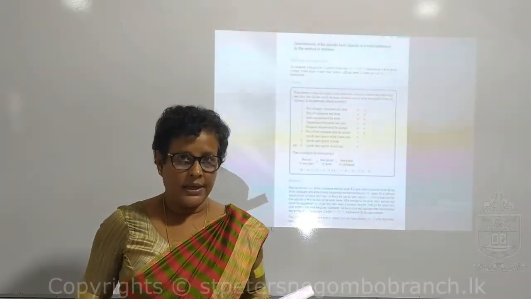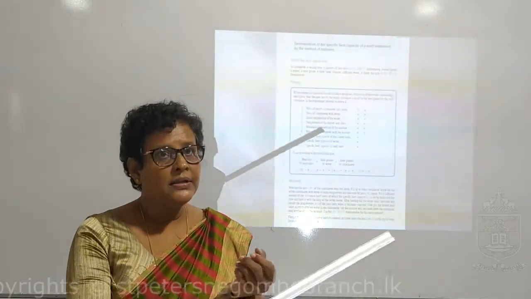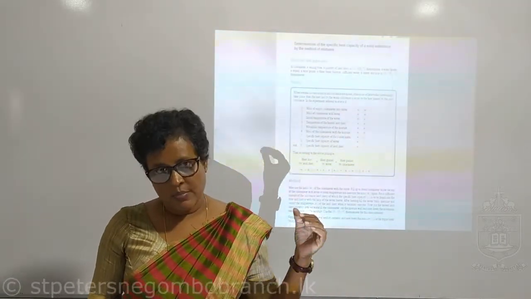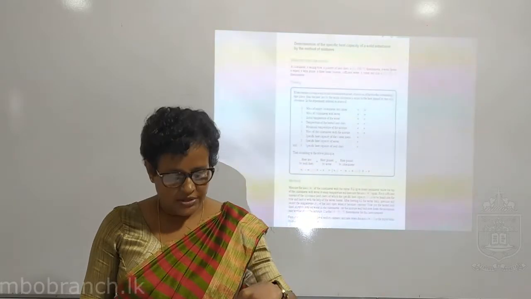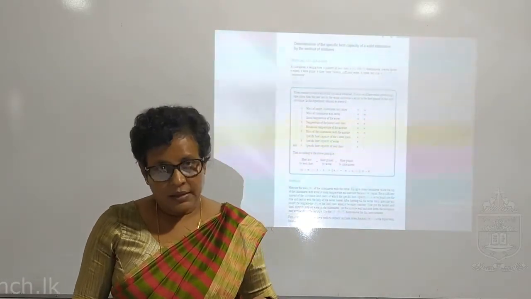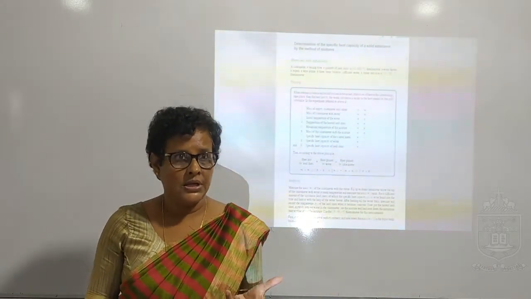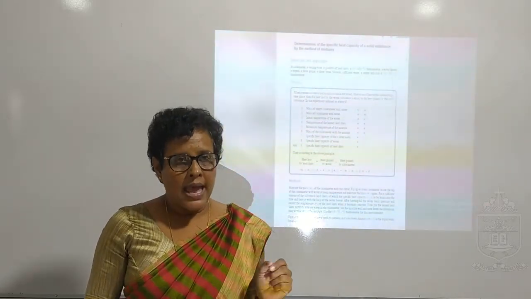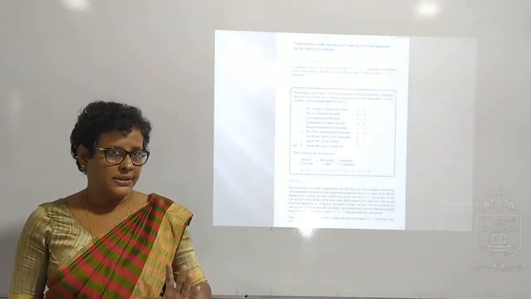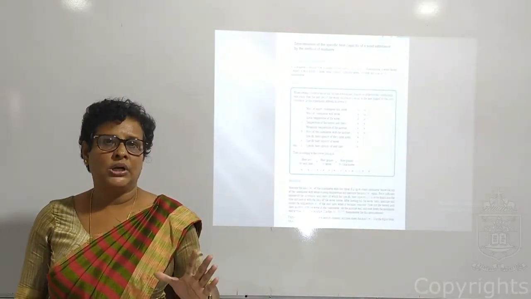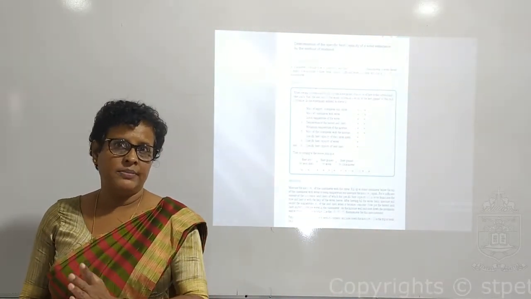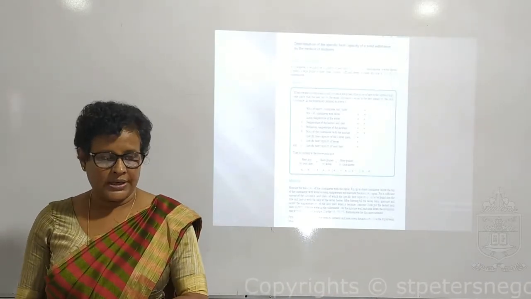Now, here we are heating the lead shots up to 100 degrees, and we are putting all the lead shots into the calorimeter, which contains an amount of water. We take the theory as the heat given by the lead shots is equal to the heat absorbed by the calorimeter plus water, right?